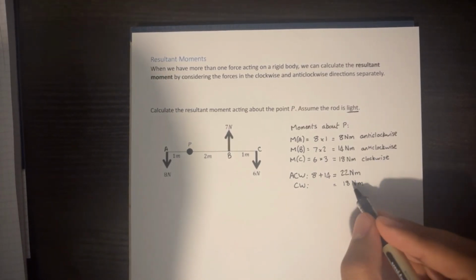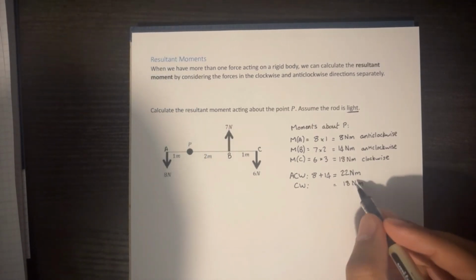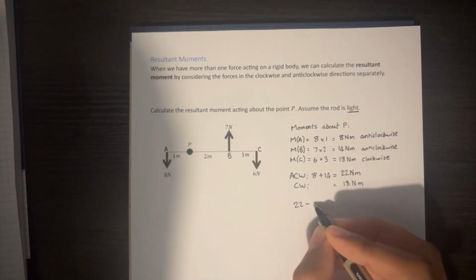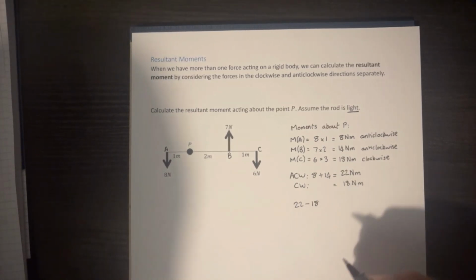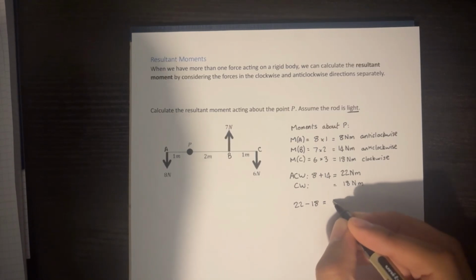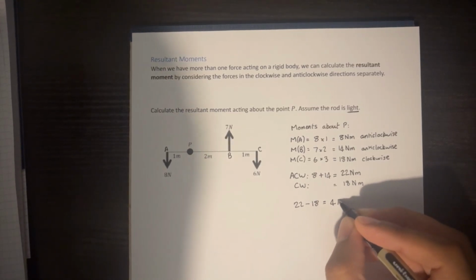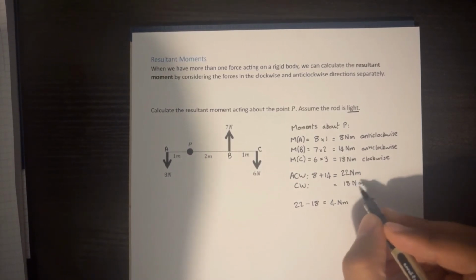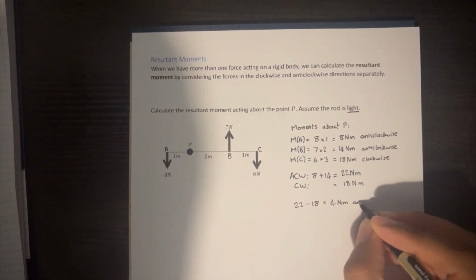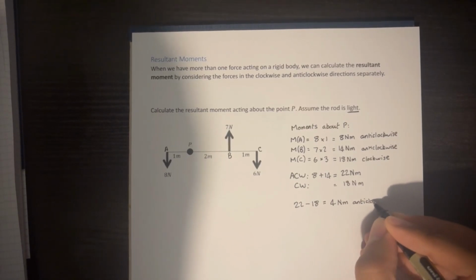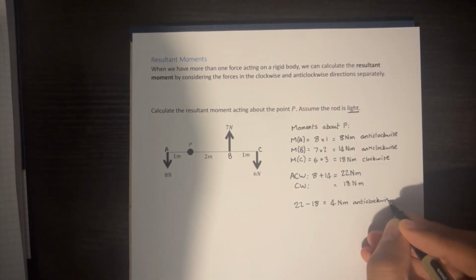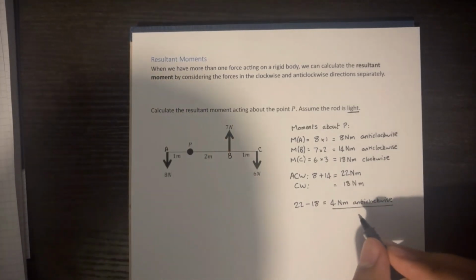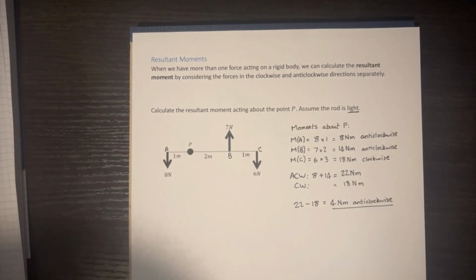So the resultant moment is going to be the difference between these two. So 22 subtract 18 gives me 4 Newton meters. And because anti-clockwise was greater than clockwise, the resultant moment would be in the anti-clockwise direction. So 4 Newton meters anti-clockwise, and that there is our answer.